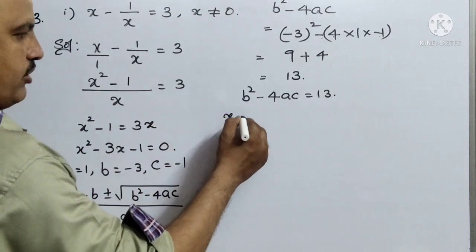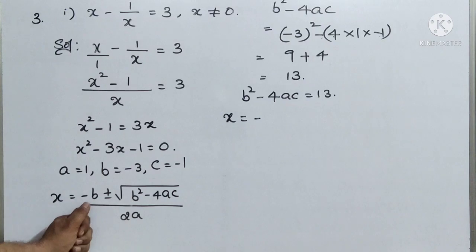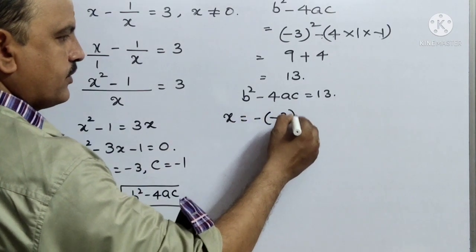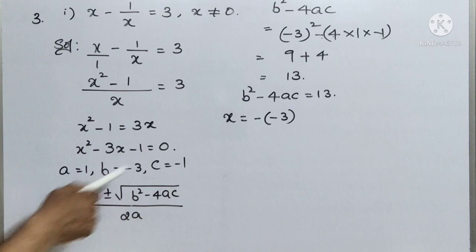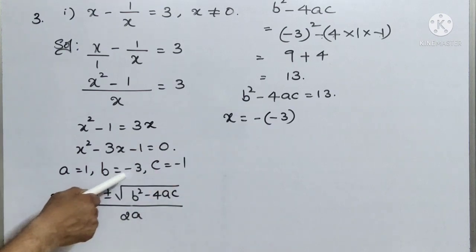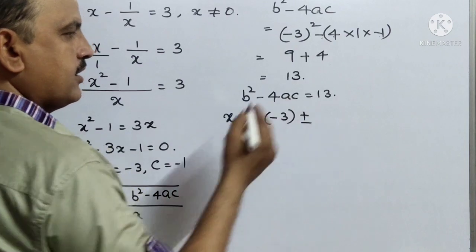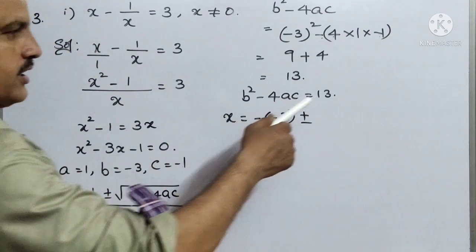Now x equals to minus, b means what? Minus 3. So minus of minus 3. Okay, I am substituting in this formula. Minus b means minus 3. So minus of minus 3 plus or minus b square minus 4ac value already you know, that is 13.